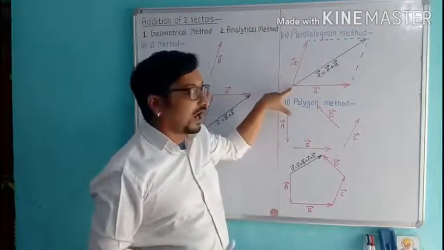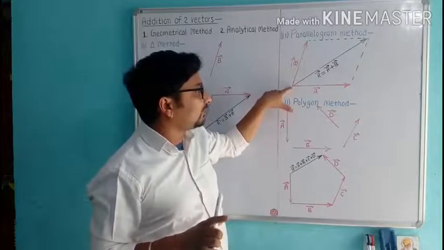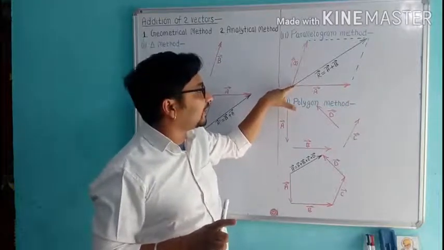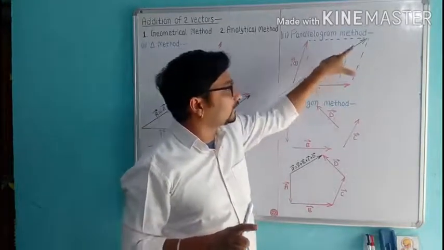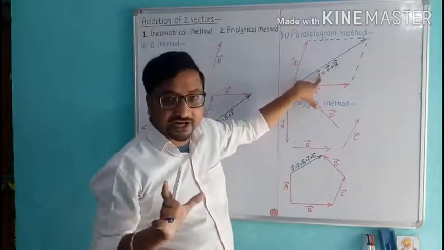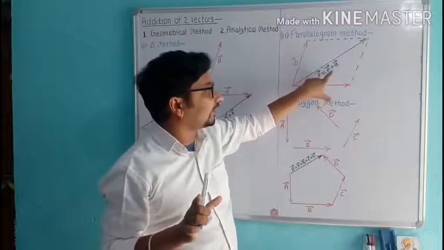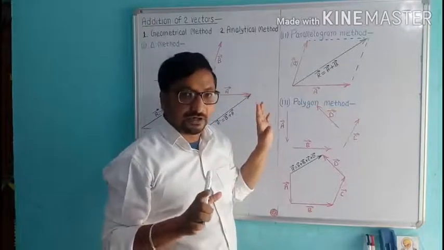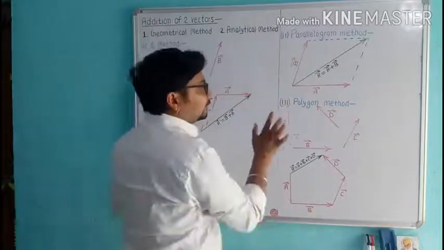Then from the initial point, draw a line to the intersecting point, which will be the resultant of the two vectors. Vector R is equal to vector A plus vector B. Now look at this.